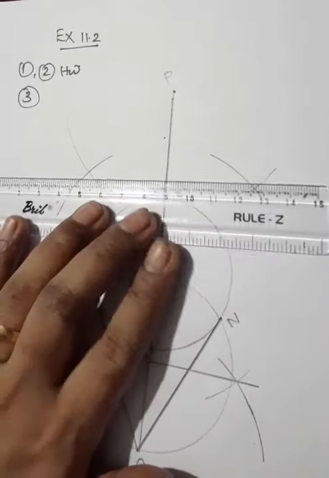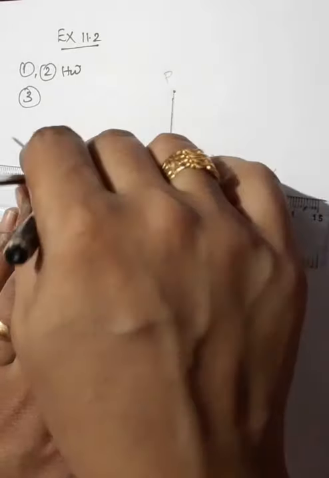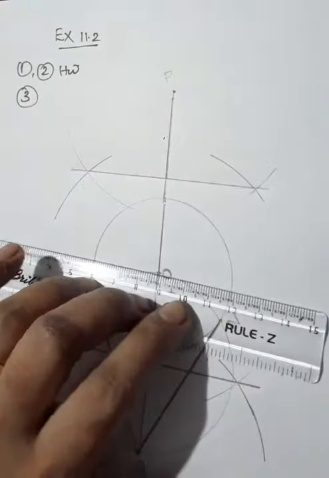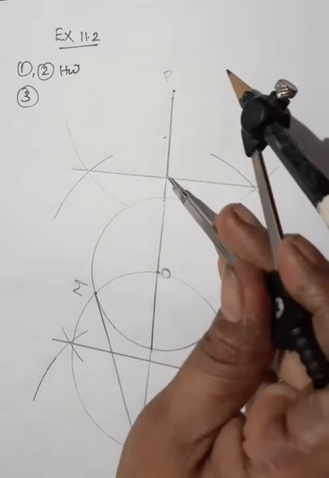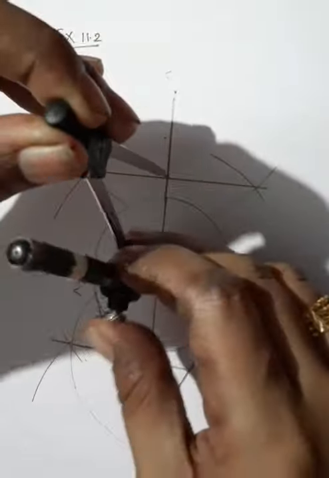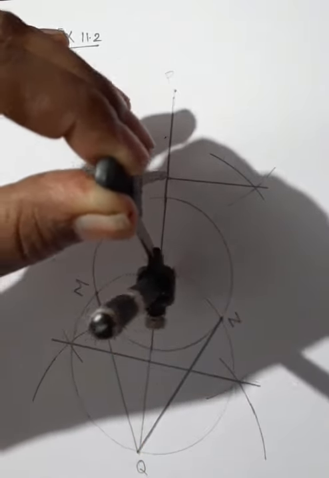Then want to draw the perpendicular bisector. After that circle, this point and center, or center as well as that perpendicular bisector point.